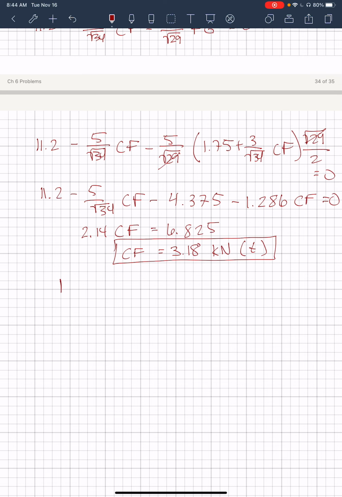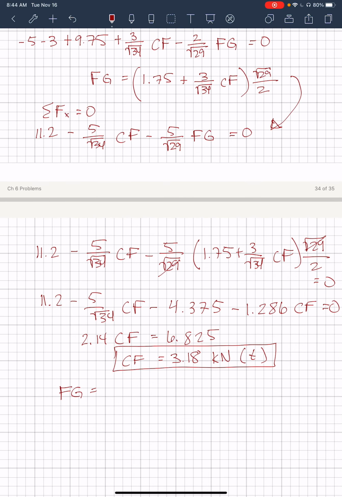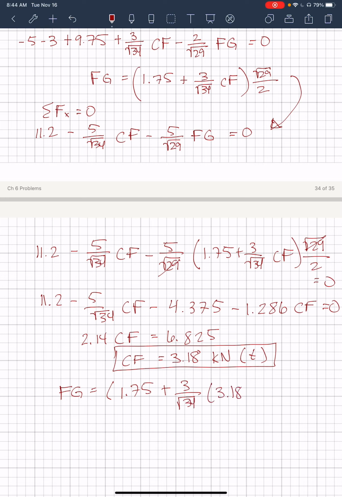So FG equals, I'm just going back up to that original equation, that 1.75 plus 3 over square root of 34 times CF, which is at 3.18, of that times the square root of 29 over 2.